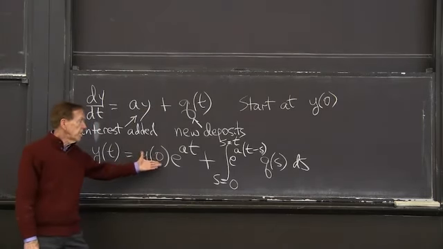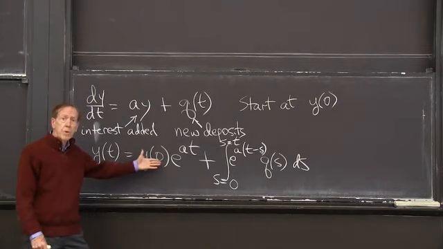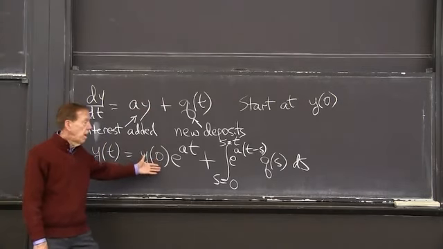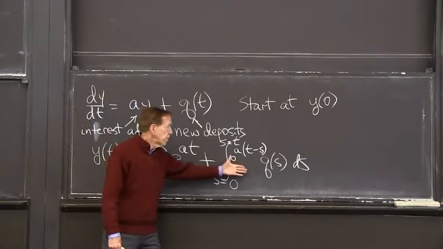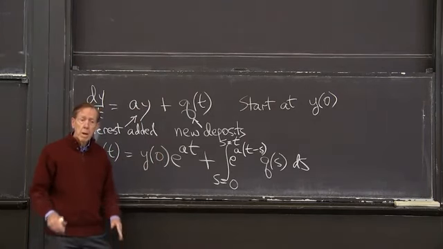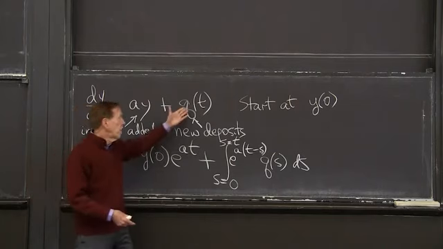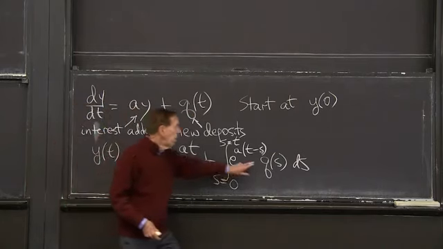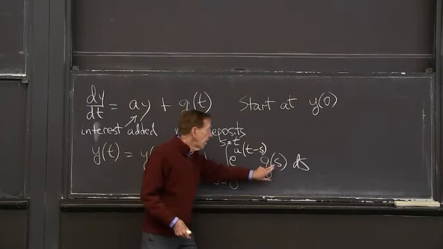The null solution that grows out of the initial condition, the particular solution that grows out of the source term, q. Of course, I've used q of t all the way, here I call it q of s.